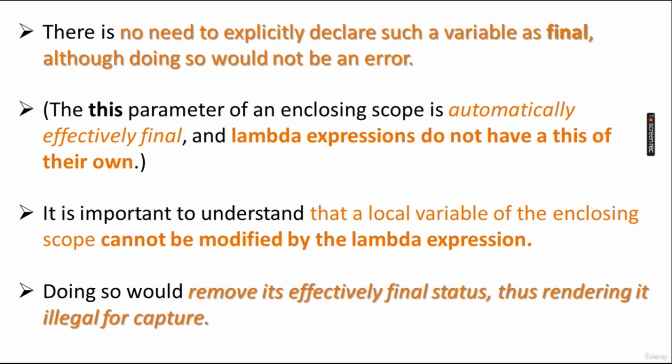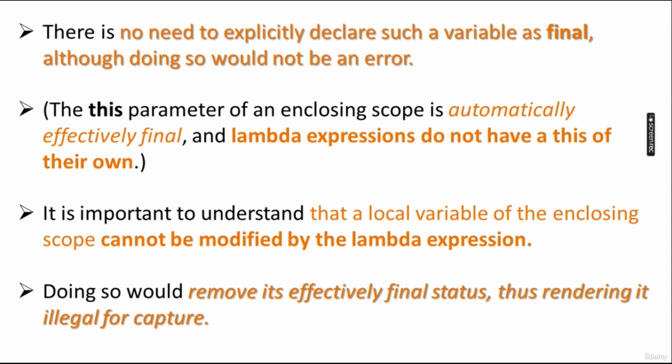This parameter of an enclosing scope is automatically effectively final, and lambda expressions do not have a this of their own. Okay. This parameter of the enclosing scope, that is, the opening and closing curly braces, is final.